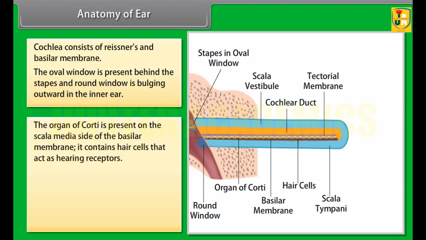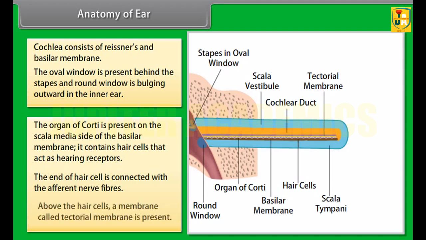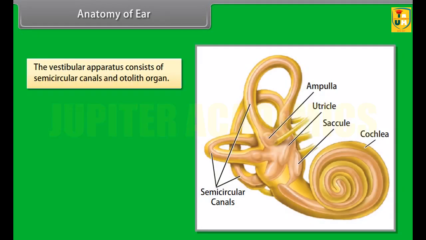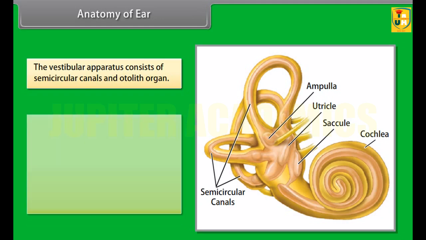The organ of Corti is present on the scala media side of the basilar membrane. It contains hair cells that act as hearing receptors. The end of the hair cell is connected with the afferent nerve fibers. Above the hair cells, a membrane called the tectorial membrane is present. The vestibular apparatus consists of semicircular canals and otolith organs.